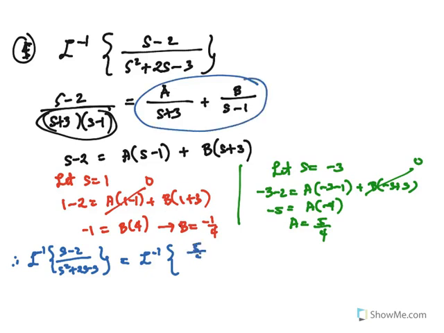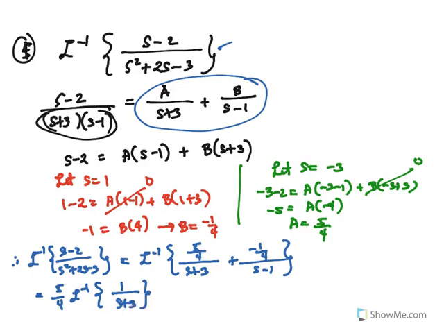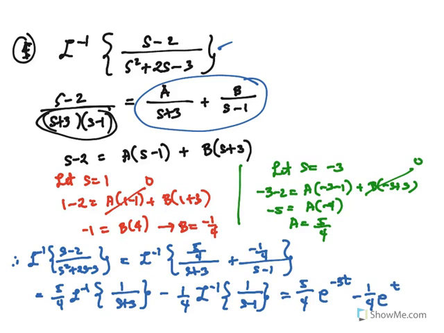So you have 5 over 4 over s plus 3 plus negative 1 over 4 over s minus 1, which is the same as the original given kasi nga partial fraction lang natin siya, which we can rewrite as 5 over 4 inverse Laplace of 1 over s plus 3 minus 1 over 4 inverse Laplace of 1 over s minus 1, which simply yields 5 over 4 e to the negative 3t minus 1 over 4 e to the t.